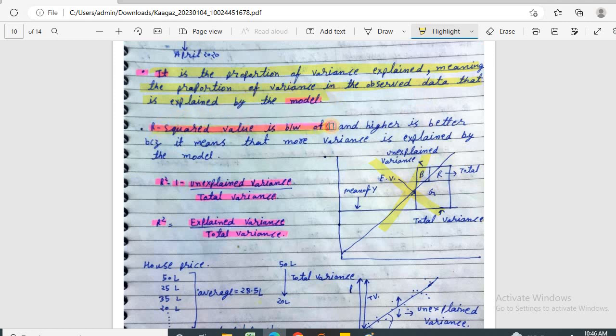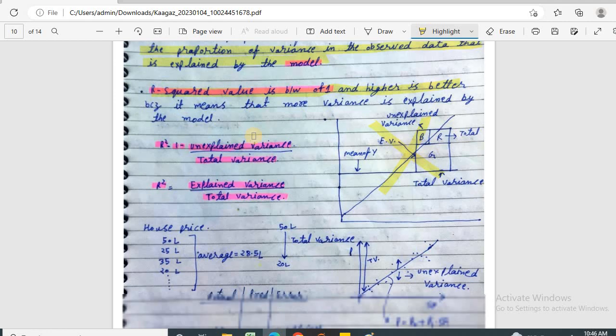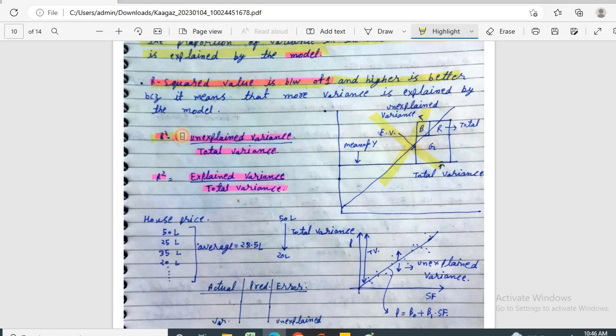R squared value is generally between 0 and 1, and higher is better because it means more variance is explained by our model. The formula for R squared is 1 minus unexplained variance upon total variance. If we solve this, total variance minus unexplained variance comes as explained variance upon total variance. So R squared is explained variance upon total variance.